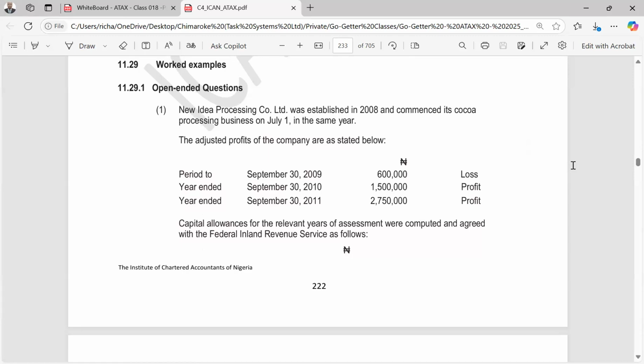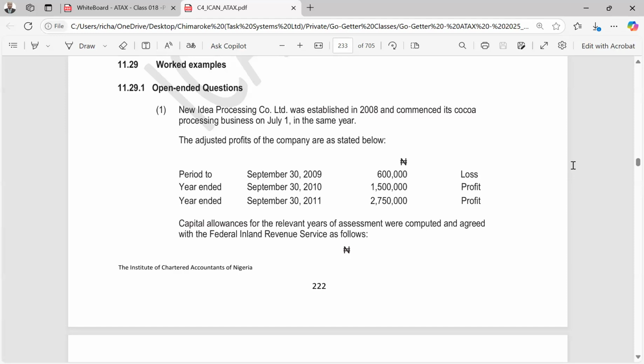The question here says, New Idea Processing Company Limited was established in 2008 and commenced its cocoa processing business on July 1 in the same year. The adjusted profits of the company are as stated below.